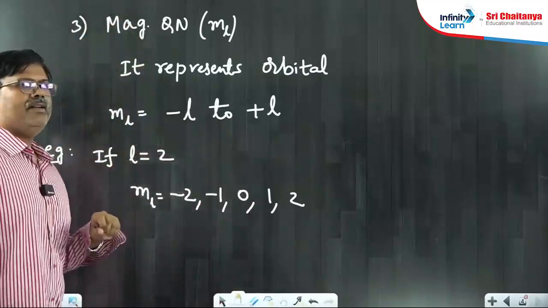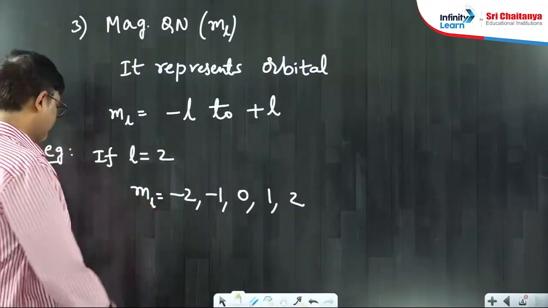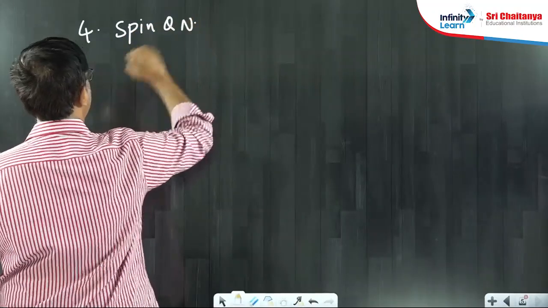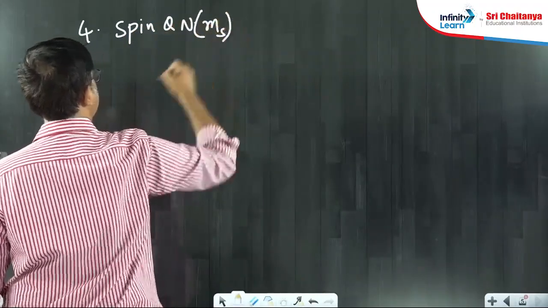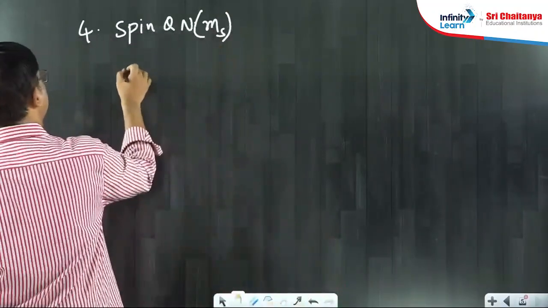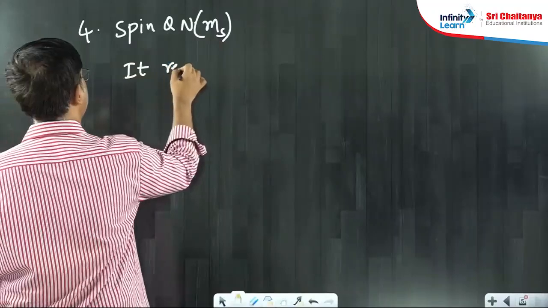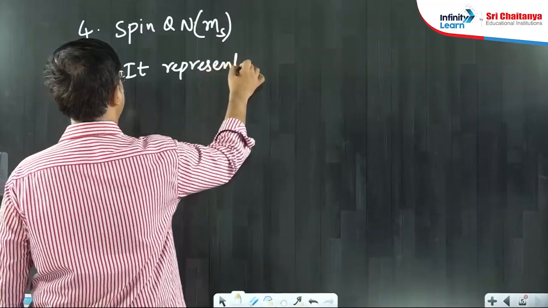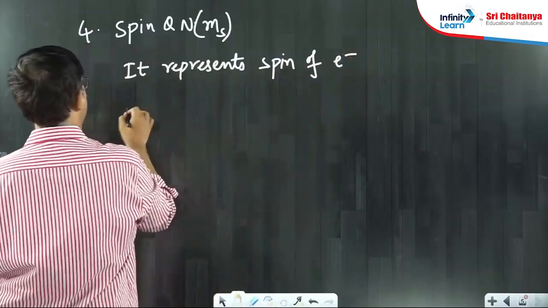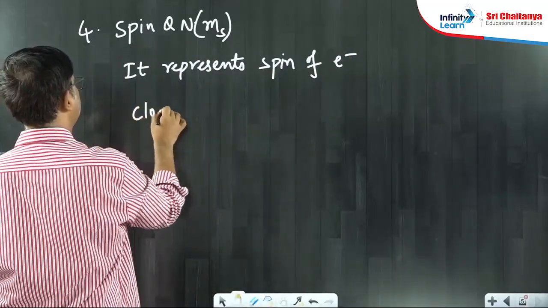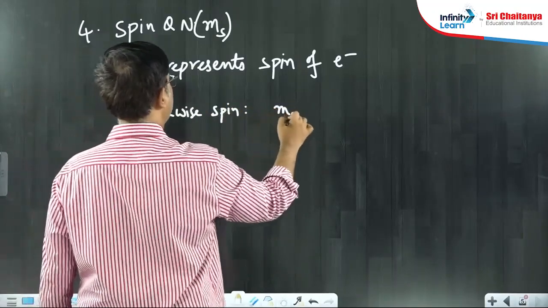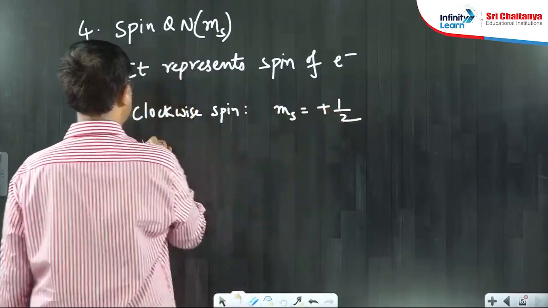Next, the fourth one is the spin quantum number. It talks about the spin of electrons. If the electron has a clockwise spin, then ms value will be taken as plus half.